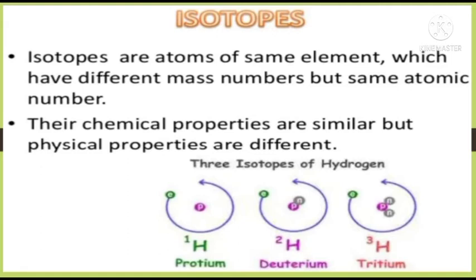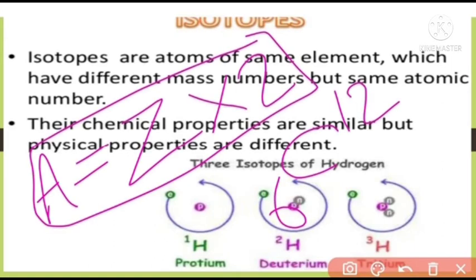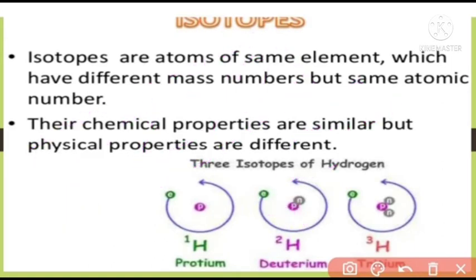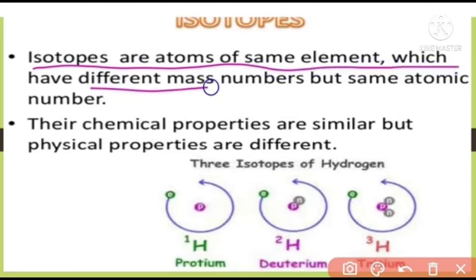The isotopes of an atom have the same atomic number but different mass number. So the definition is: isotopes are atoms of the same element which have different mass numbers and the same atomic number.